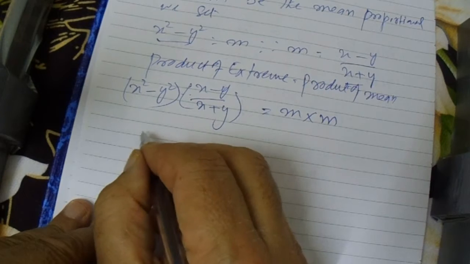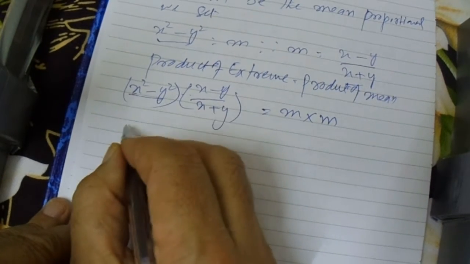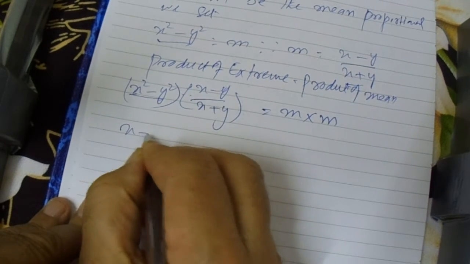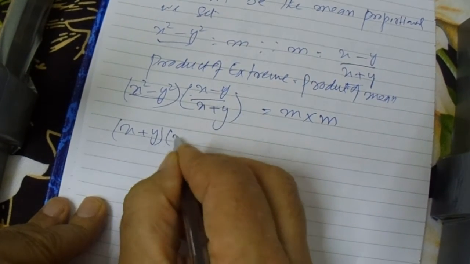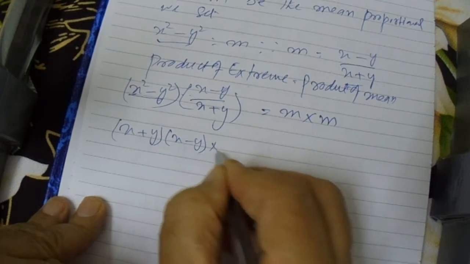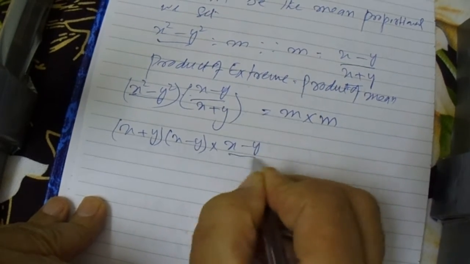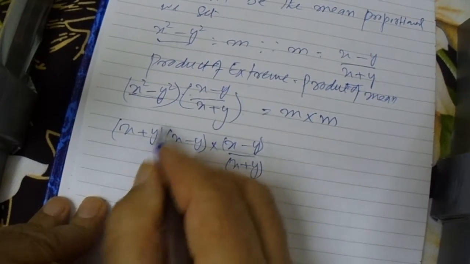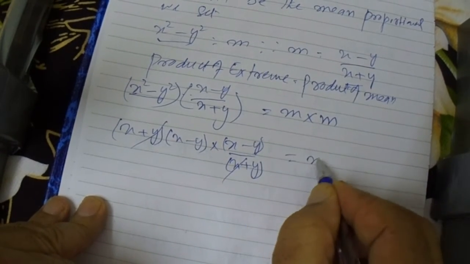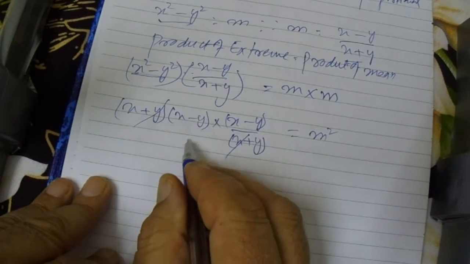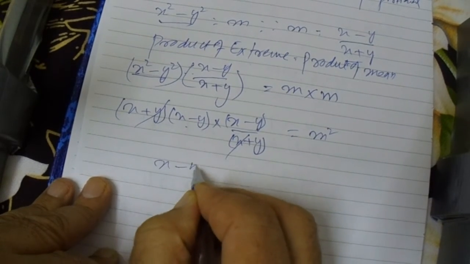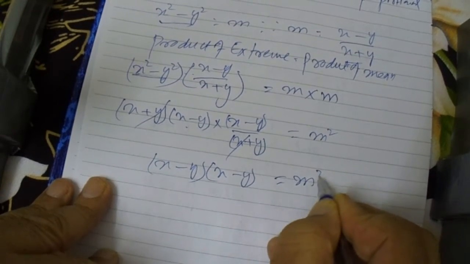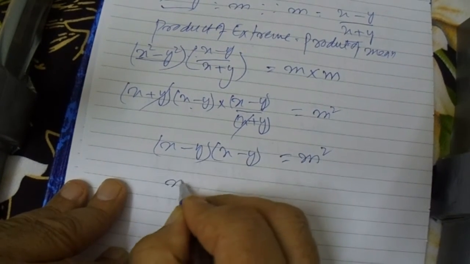We write the formula of x square minus y square as x plus y times x minus y, and multiply by x minus y over x plus y. Now this and this will cancel. Now you have m square. Now x minus y multiplied by x minus y is equal to m square.